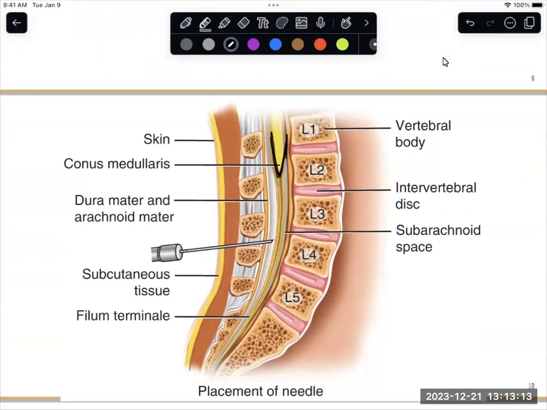So all of these nerves coming down here, this is that cauda equina. This cauda equina is not as dense or thick as this spinal cord is, so this allows them to stick a needle in and work with this cerebral spinal fluid without any damage to the spinal cord.